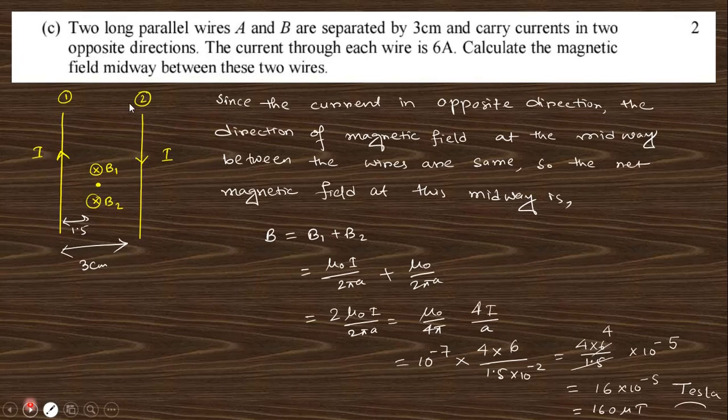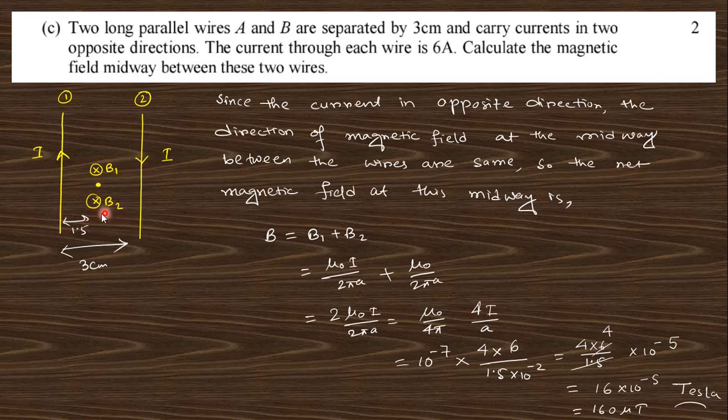Next question. Two long parallel wires are placed at a separation, with currents in opposite directions. The current through each wire is 6 ampere. Calculate the magnetic field midway between these two wires. So you need to find the magnetic field at the midpoint of these wires. From the direction rule, for wire one the magnetic field is inward, and for the other wire it is in the same direction, so they are additive.